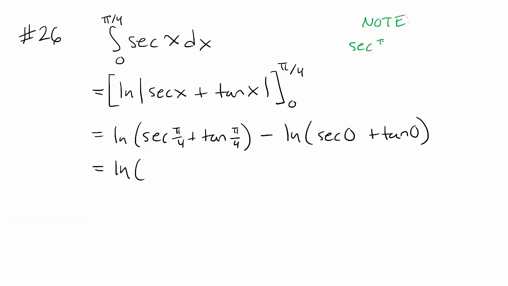If I want to find secant pi over 4, and maybe I'm not familiar with secant, I can rewrite this as 1 over cosine, which I should be more familiar with. So cosine pi over 4 is square root 2 over 2. So then when you simplify it, that's just going to be square root 2.